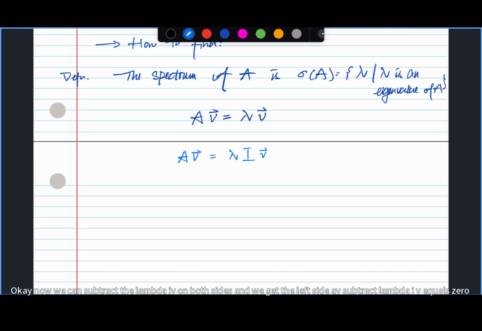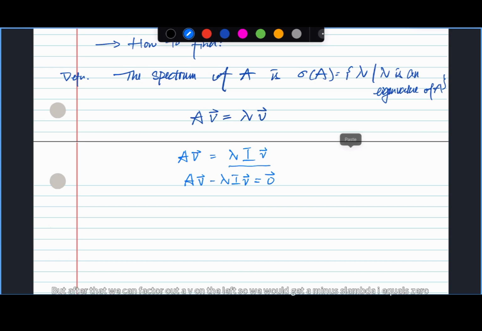Okay, now we can subtract lambda I v on both sides, and on the left side we get A v minus lambda I v equals 0. We subtract this entire thing.